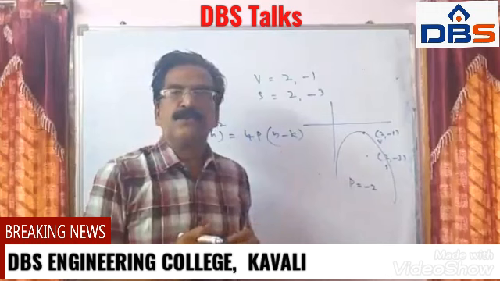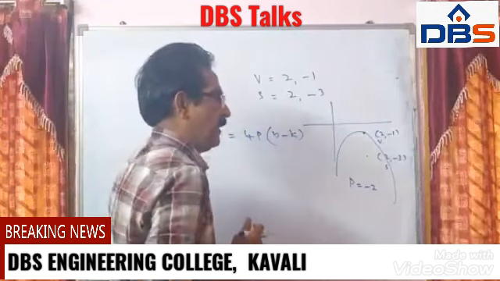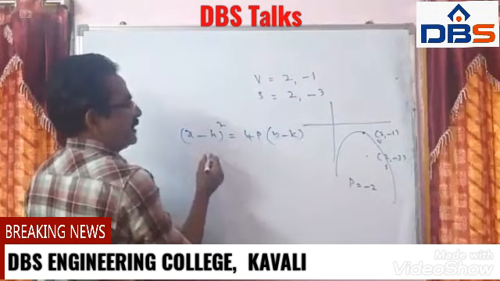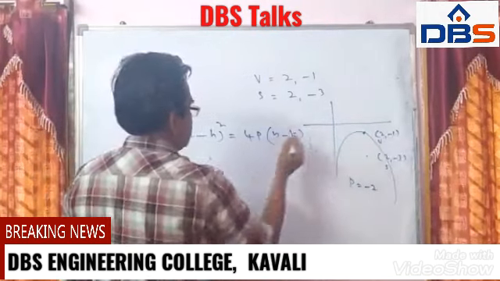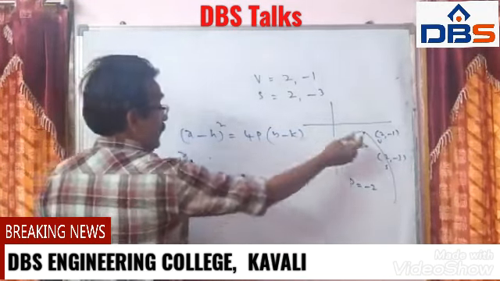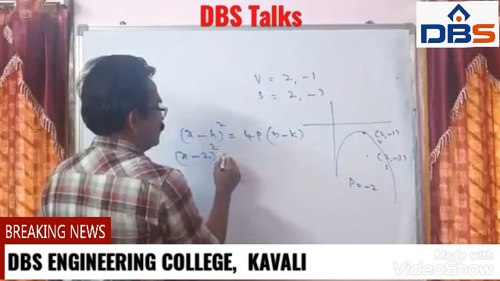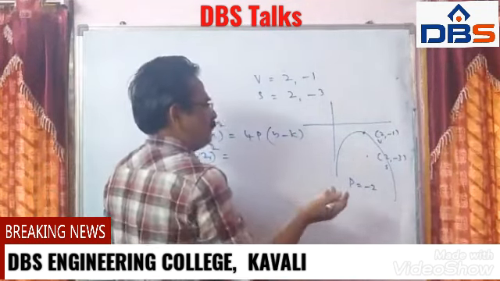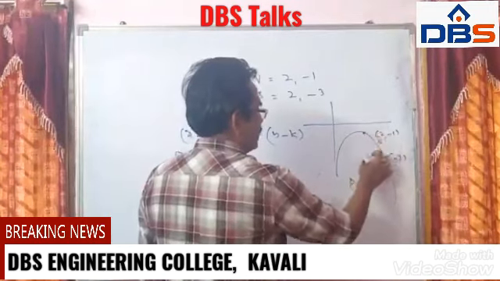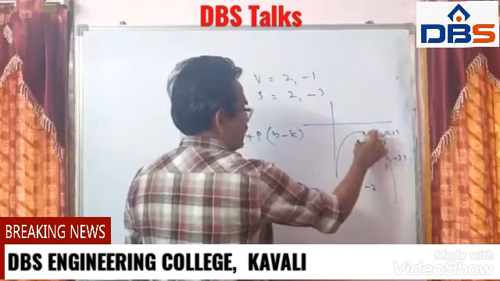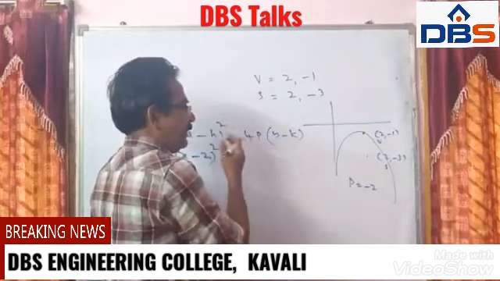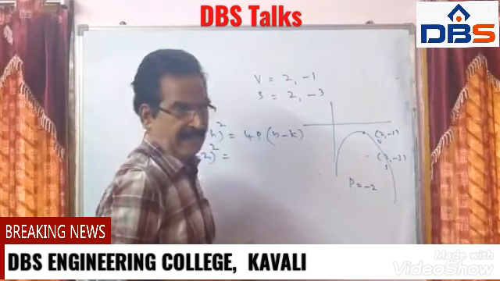Here p is equal to minus 2. So x minus h whole square, x minus 2 whole square, is equal to 4p. Or if you take p as 2 units, then minus 4p into y minus k.